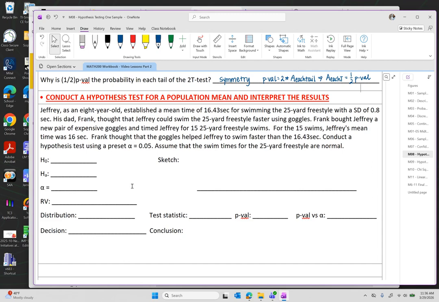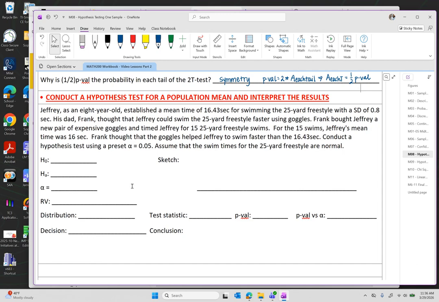For the 15 swims, Jeffrey's mean time was 16 seconds. Frank thought that the goggles helped Jeffrey to swim faster than 16.43 seconds. Conduct a hypothesis test using a preset alpha level of significance equal to 0.05 and assume that the swim times for the 25-yard freestyle are normally distributed.